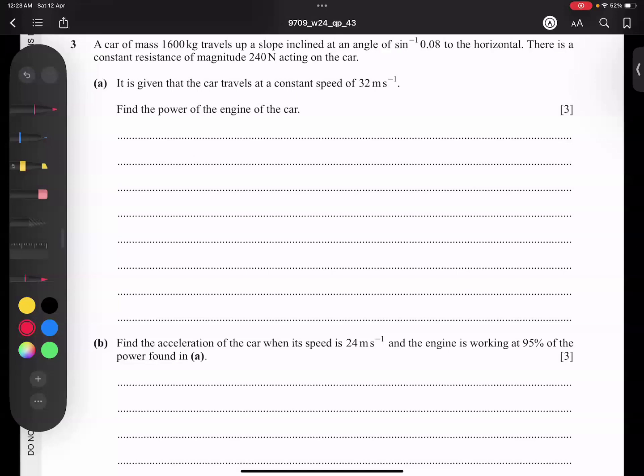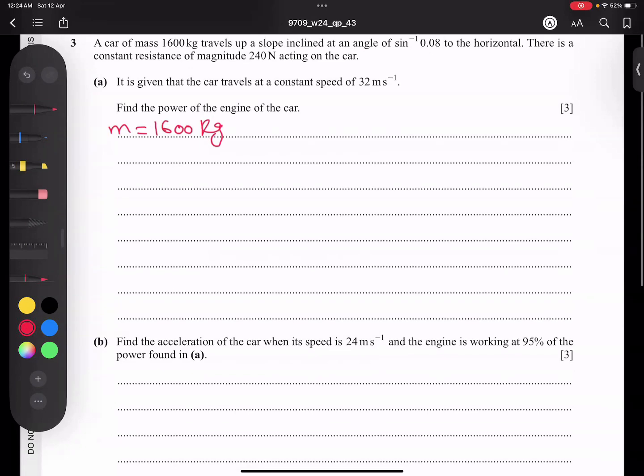And let's go for question number 3. We have a car of mass 1600 kilogram travelling up a slope of angle given here, and the horizontal, there's a constant friction force of this. Best technique, read and write. So mass 1600 kilogram.